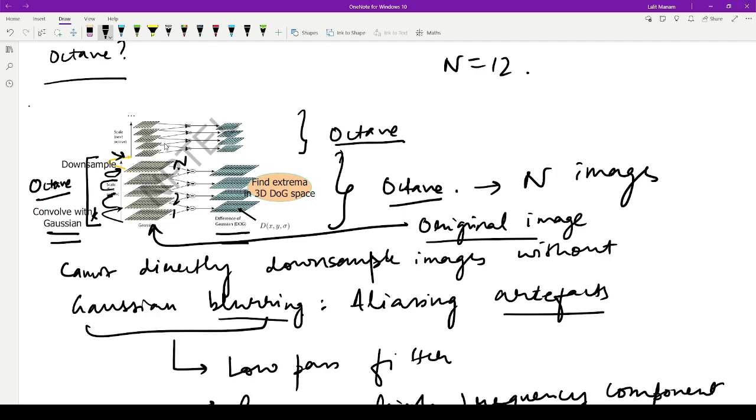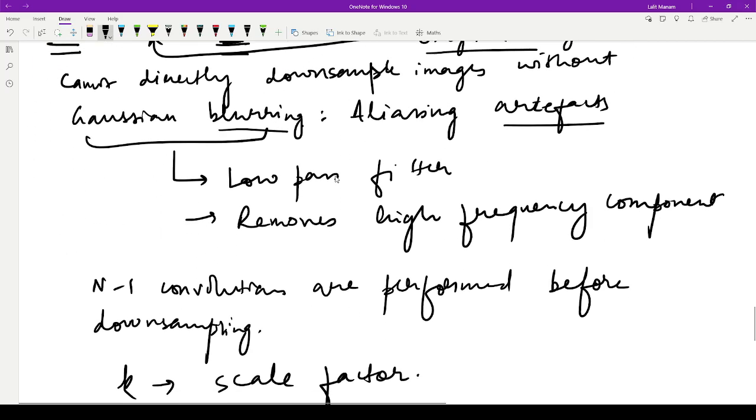Okay. So once you downsample it, you can just find the extrema in this 3D DoG space, the difference of Gaussian space. And if you choose the particular scale which has the maxima, that gives you the exact scale for the SIFT feature.